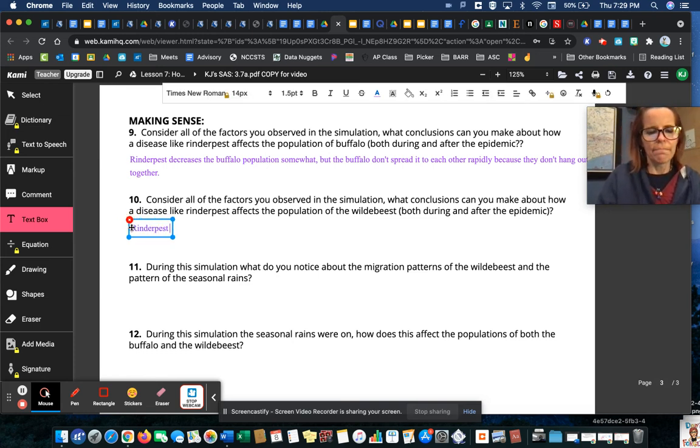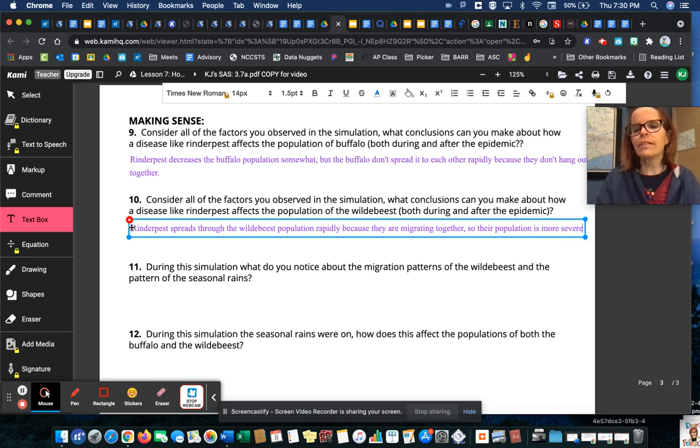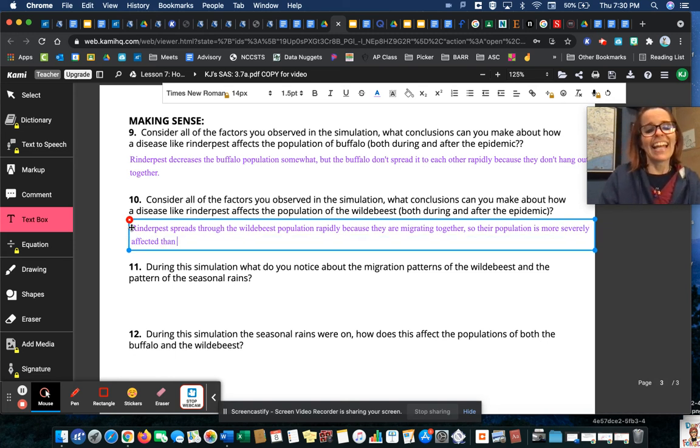Rinderpest spreads through the wildebeest population rapidly because they are migrating together. So their population is more severely affected than the buffalo population.